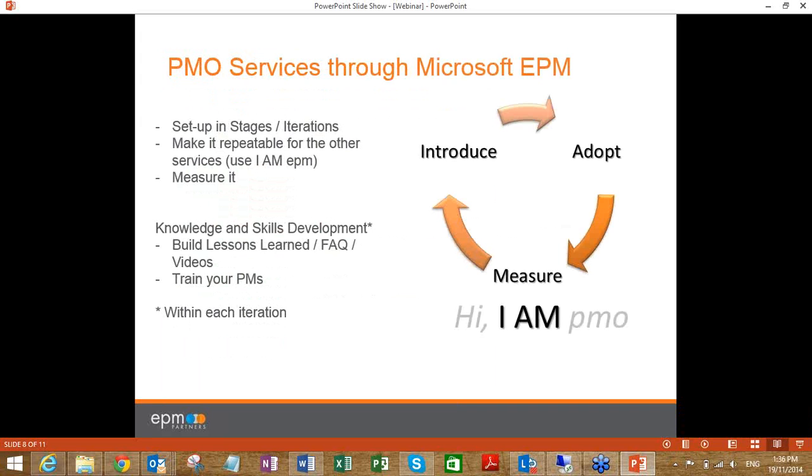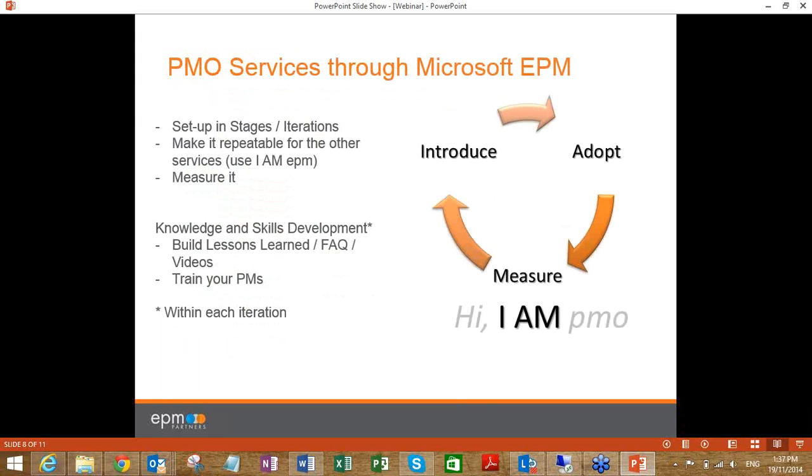But the IAM is actually made of three letters, the I, the A, and the M. The I is to introduce, the A to adopt, and M to measure. Now, by itself, these three steps are within one iteration. And you introduce your services through a number of iterations, but each iteration will have these three steps.